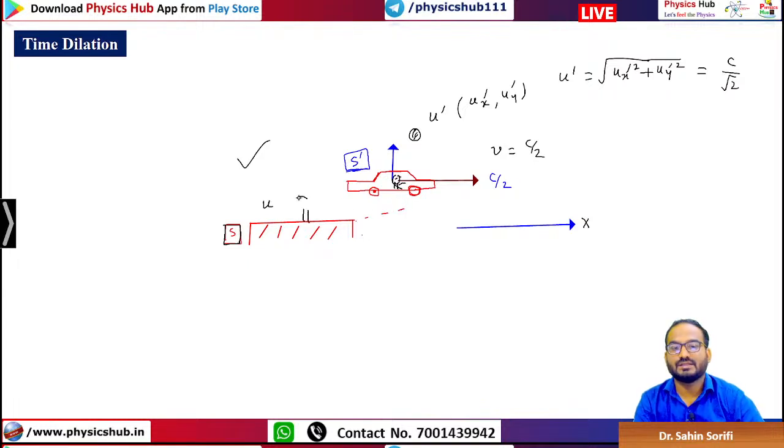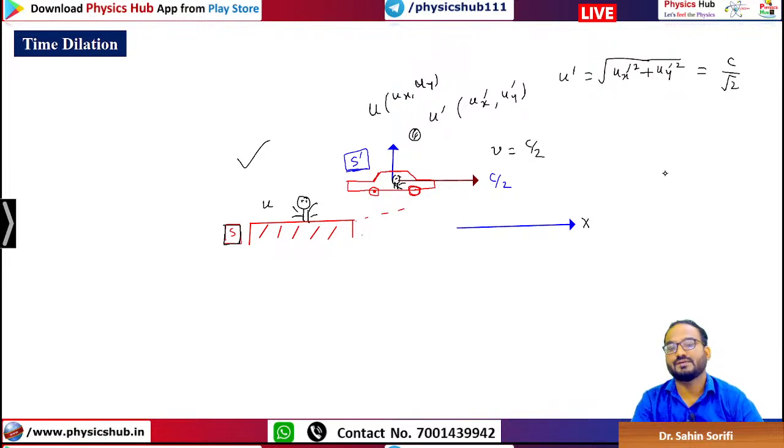Now a person on the ground measures the speed of the ball, and he sees that the ball is going along the y direction. So he will measure the speed as u. But as he sees it along the y direction, what does it mean?